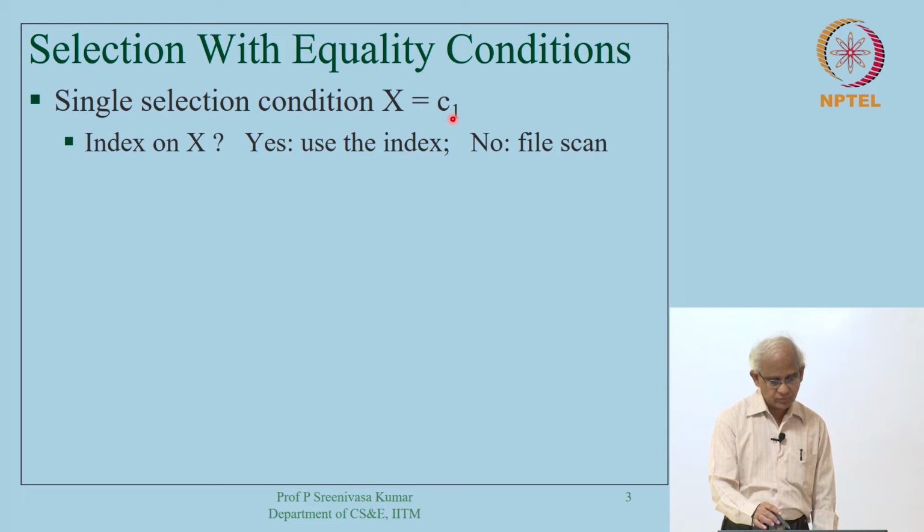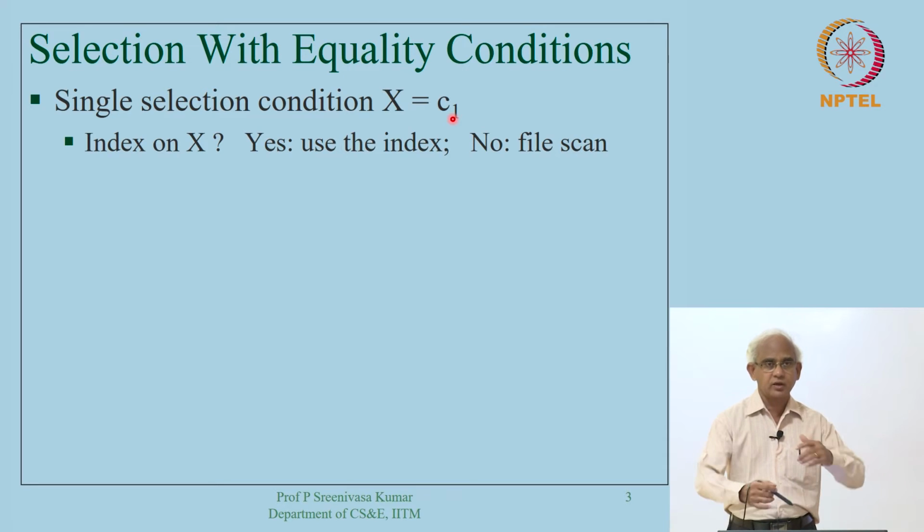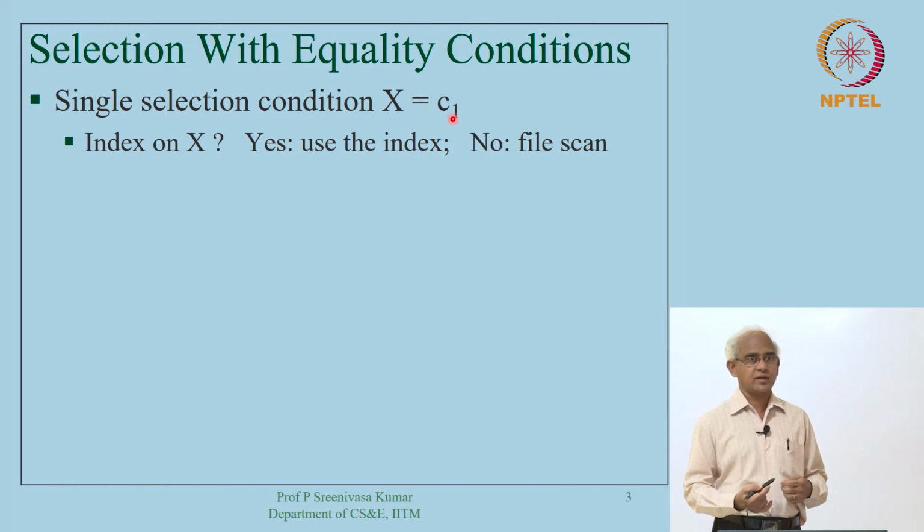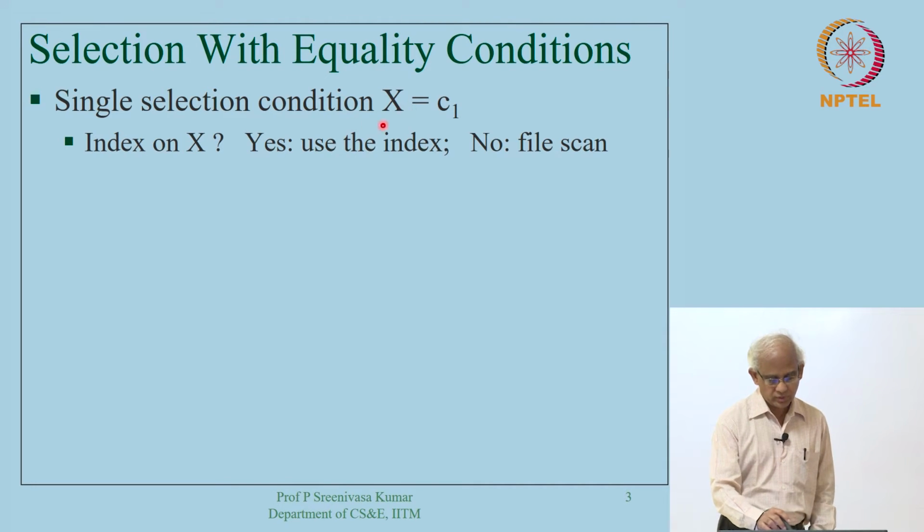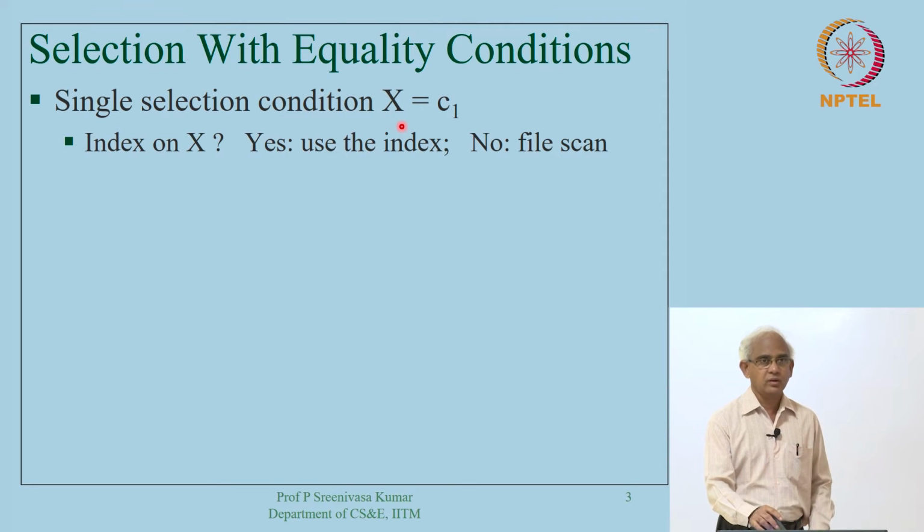Of course, the query engine keeps track of what kind of queries are being posed to it, and if this kind of selection condition is coming often, then it might look at the physical organization and decide that it is probably better off constructing an index on this particular x and keeping it ready, because it is getting too many selection conditions involving this attribute and the index is not there.